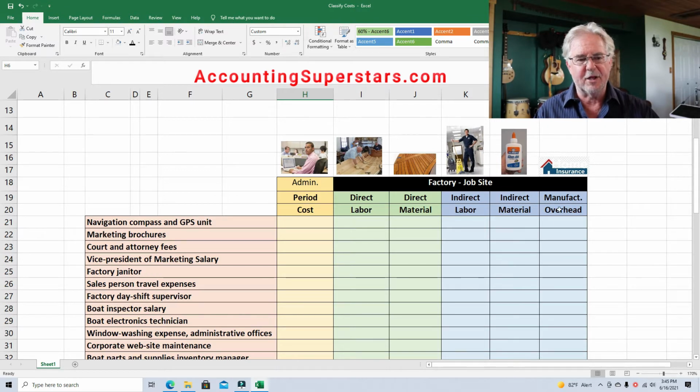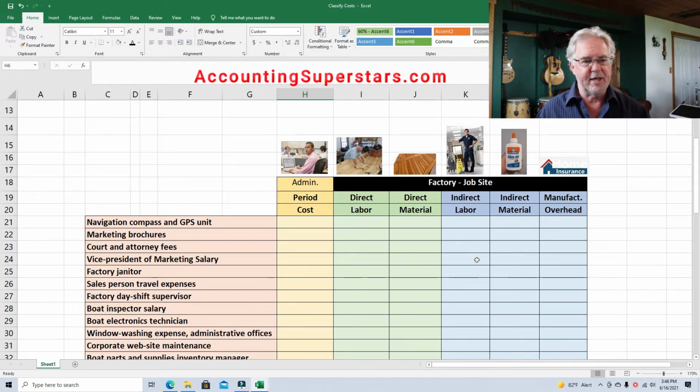Everything. I know the last column says manufacturing overhead, but let me explain what's going on. In the first column, we've got indirect labor. And indirect labor would be people that work in the factory, but they are not actually building the boats. So that would include a person like this janitor, a person who keeps the factory nice and clean.